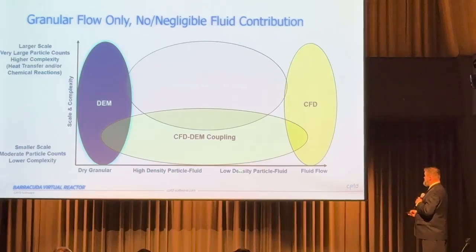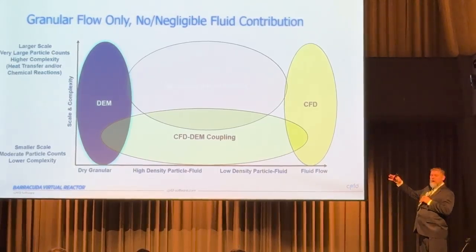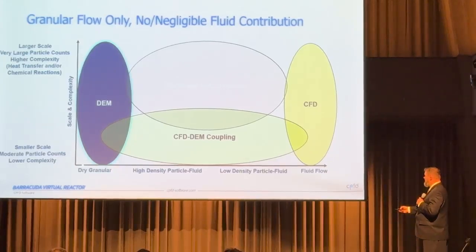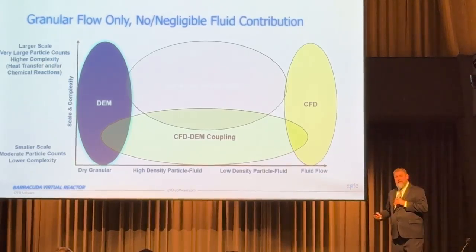So on this horizontal axis, on the left I have pure particle systems, so granular systems. Fluid doesn't matter, it's pretty much just particle flow. Picture rocks avalanching downhill. On the other side I have fluid flow only, there are no particles. So for cases of granular flow, DEM.